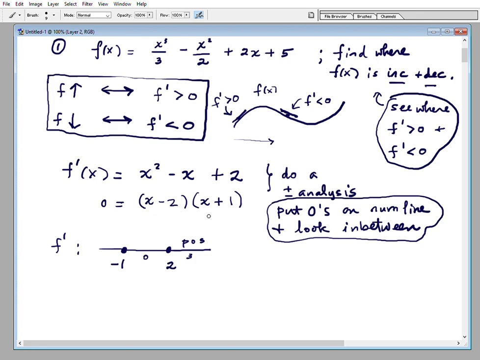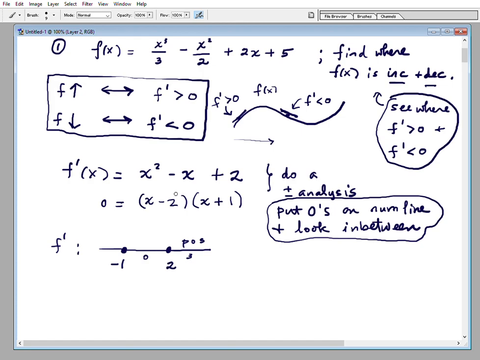I'm substituting in 0. Now somehow if I substitute in 0 here, I get 2, which is positive. Let me just look at this one more time. Okay, that's right. Minus 1, 2. Substitute in 0, we should get negative. Something's wrong here. F prime, that's a plus 2.